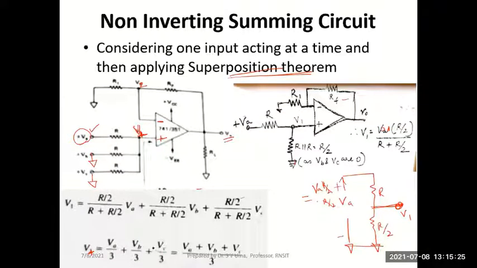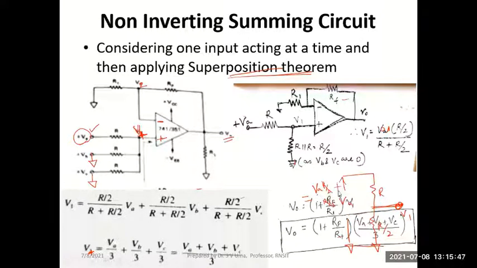I should add the individual output values which I got by considering each of the cases. So the input here V plus is VA plus VB plus VC by 3. Now this whole circuit reduces to that of a simple non-inverting amplifier, with V plus as the input.